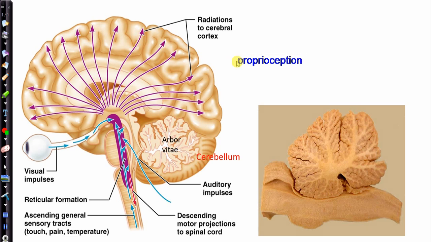Proprioception is your movement in space, the stretch on your limbs, your body's location, and your cerebellum is going to help control and regulate your proprioception. As input comes in, you can take a step off the curb and you don't necessarily fall over. So timing, balance, movement, anything dealing with motor and coordination, we associate with the cerebellum.